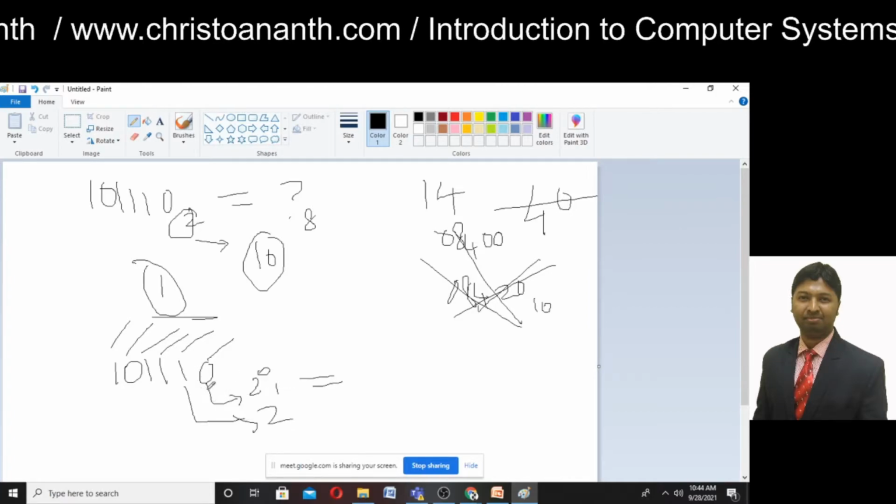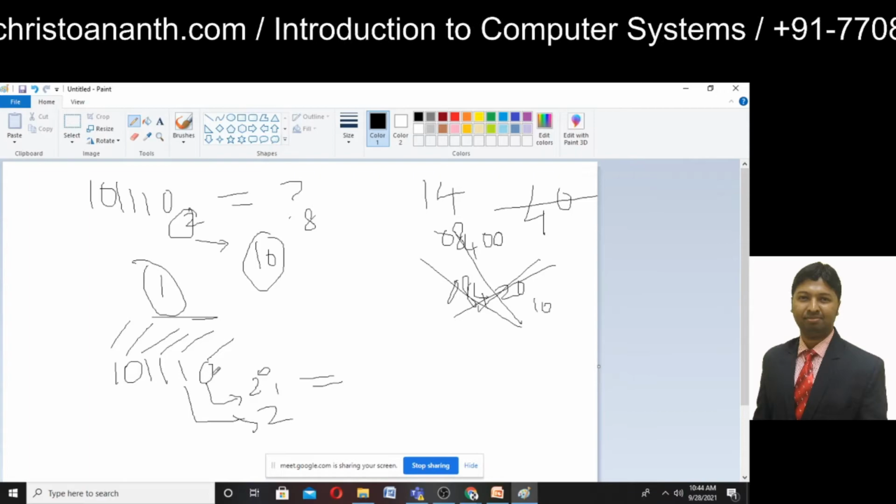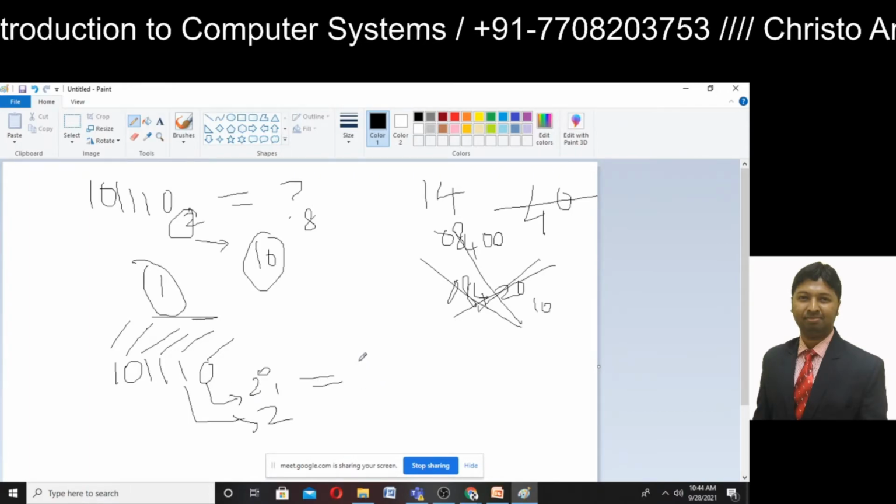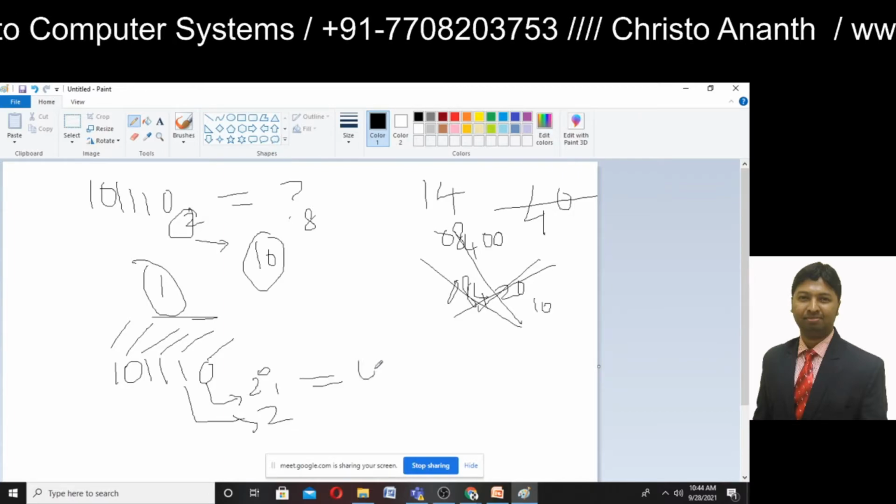Just listen. 0 into 2 power 0, what's the value? 0.